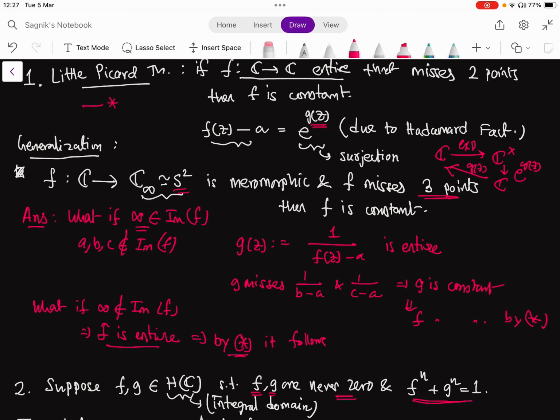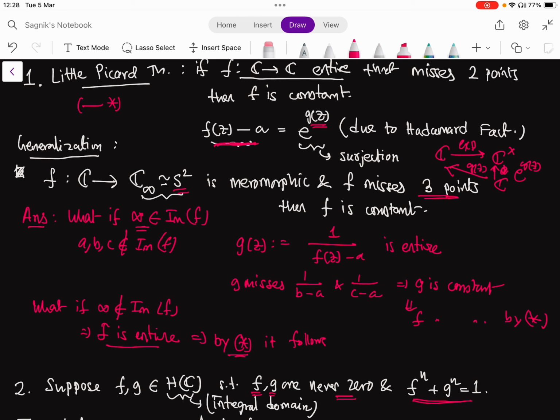We first go from C to C. Oh, sorry, this should be in this direction. Yeah, so this is again a surjection, and so it means f has to hit every point. In particular, f cannot miss 2 points, it can miss at most 1 point.